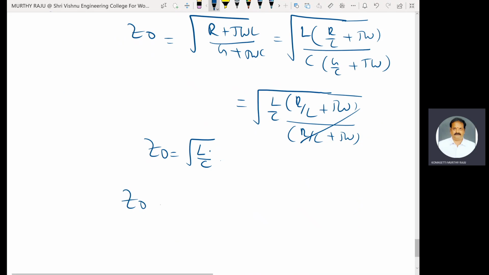Another form: Z0 is equal to square root of (R plus j omega L) by (G plus j omega C).